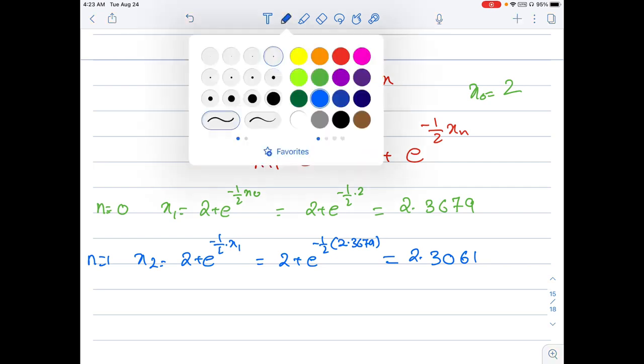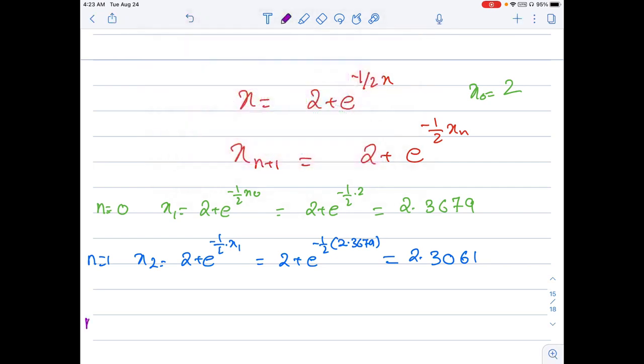Now next I am going to write n is equal to 2. So x3 is equal to 2 plus e to the power of negative 1 upon 2 x2, which is 2 plus e to the power of negative 1 upon 2 times 2.3061. It becomes 2.3157.